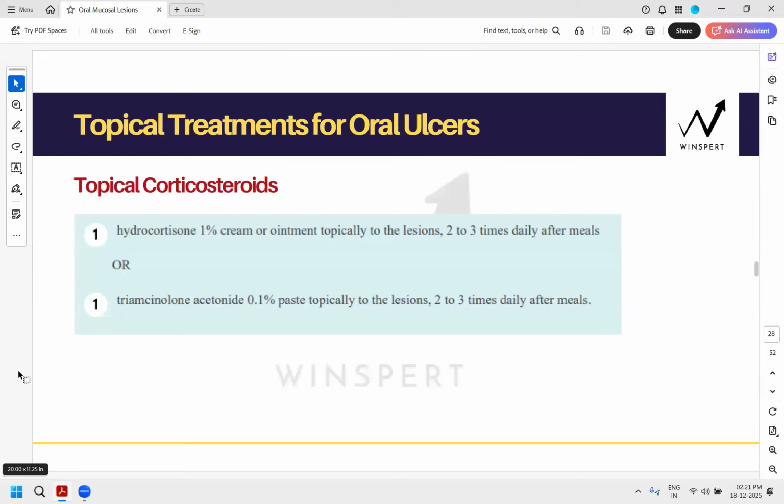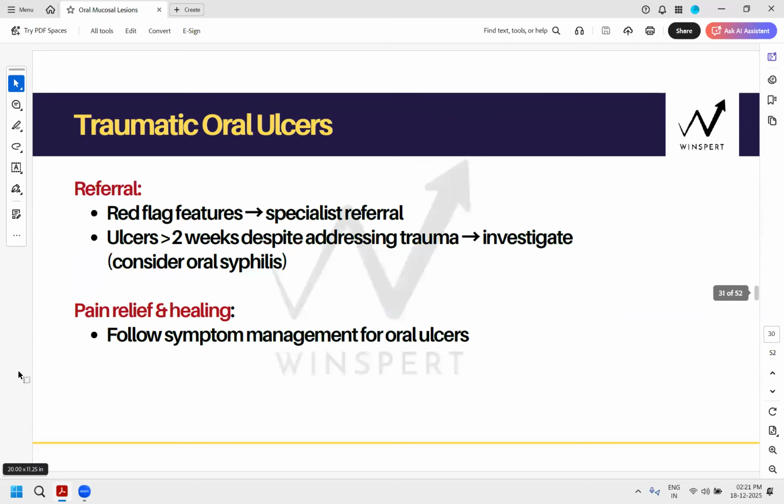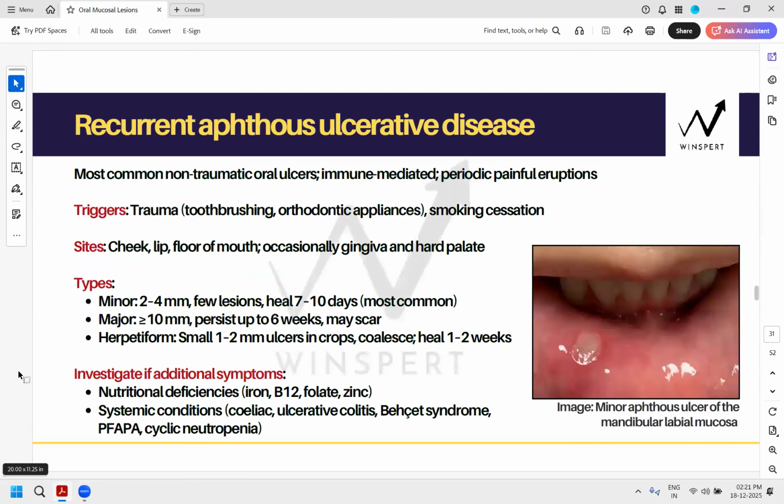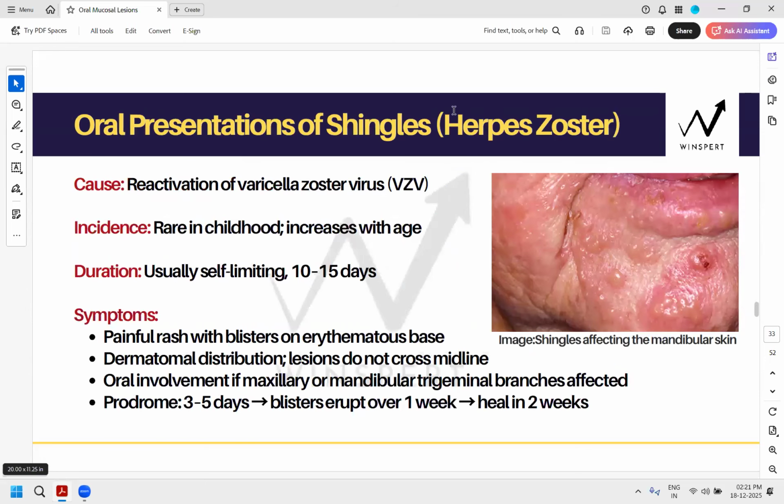So not every answer will be as simple as a specialist referral. There will be conditions like oral traumatic ulcers without red flags. When red flags are not present, now shingles, herpes zoster, it's a viral condition, so it comes under the general dentist list, remember?